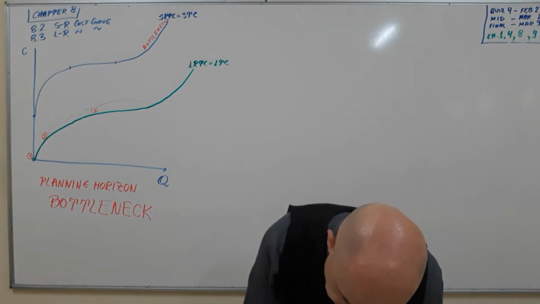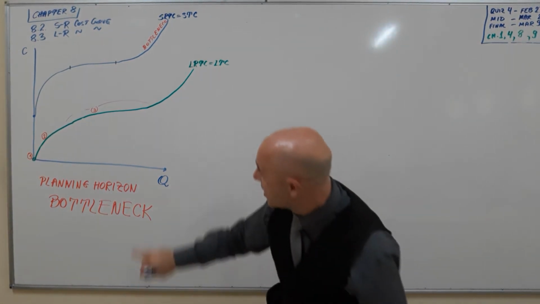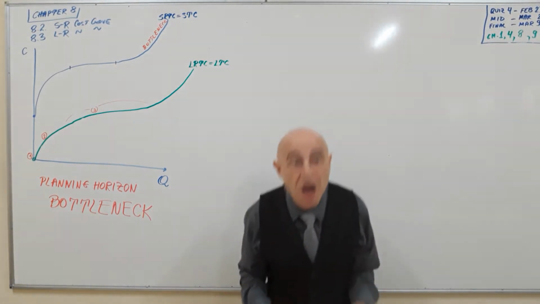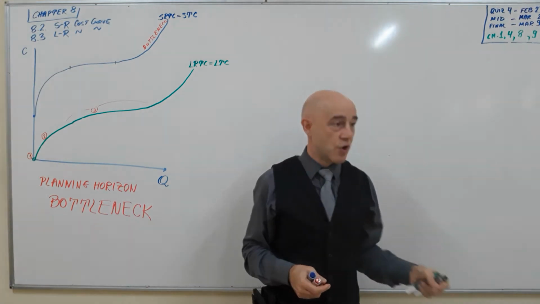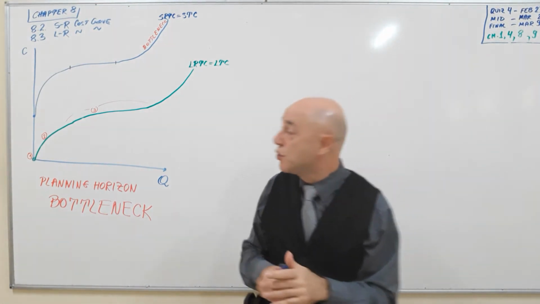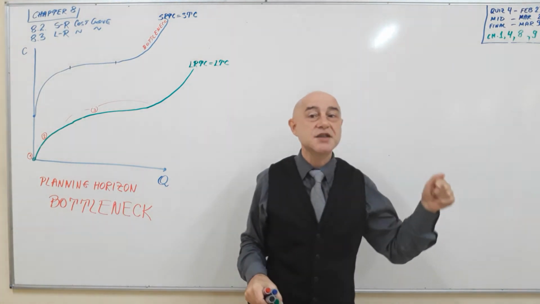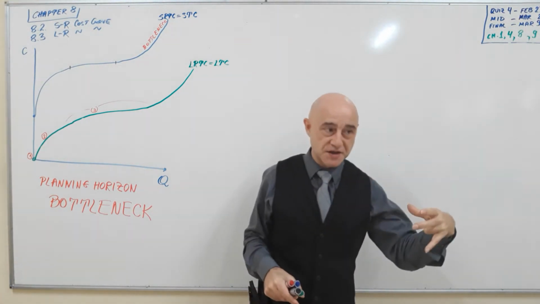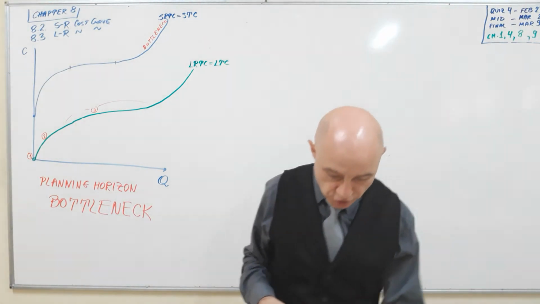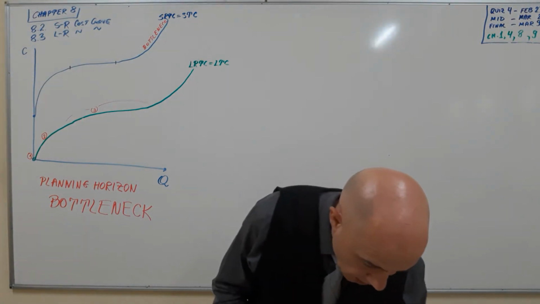Okay, so that's the planning horizon. In the planning horizon, the business always plans for the long run. In the planning horizon, 3, 5, 8, 10 years, you want to make adjustments for all fixed costs and for all capital expenditures. All right.